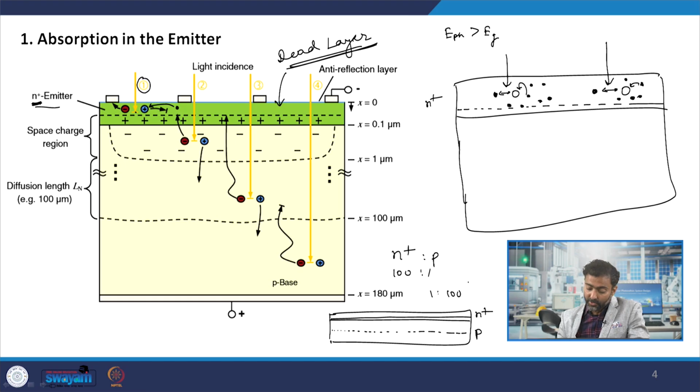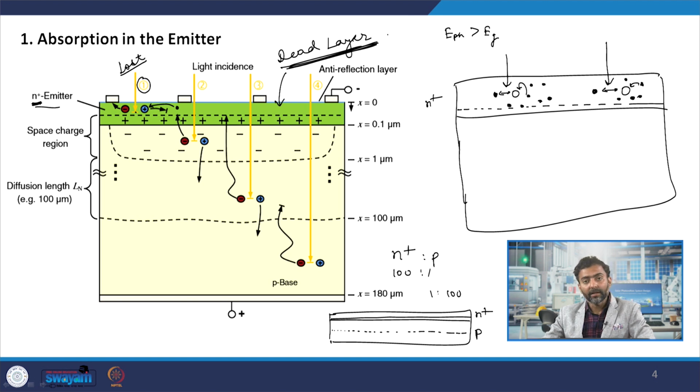And by this I am ensuring that my dead layer is minimized. I do not want a larger depth on the n plus side. So that is the dead layer, and any photon which gets absorbed in the dead layer is basically lost. It does not contribute to any useful photocurrent output of the solar cell, and that is why, as we discussed, we want to keep the minimum depth for the dead layer.